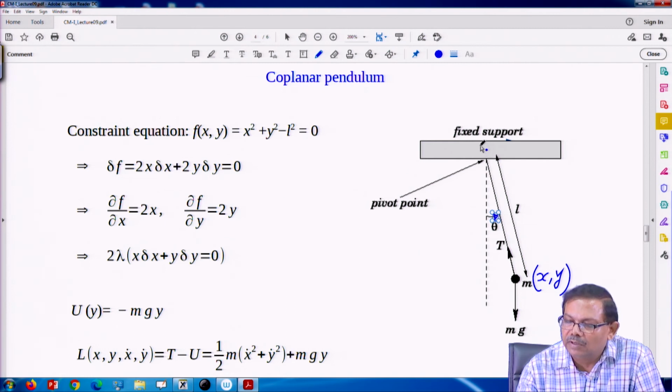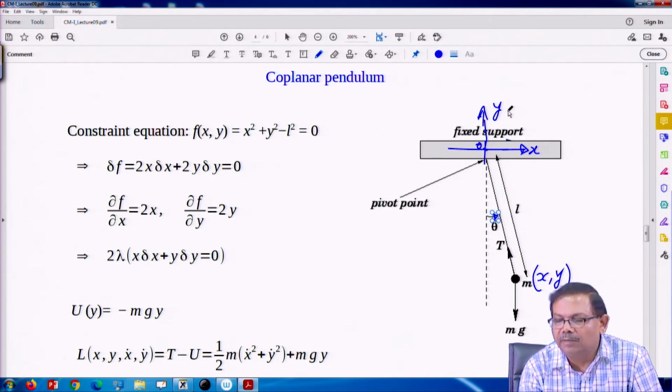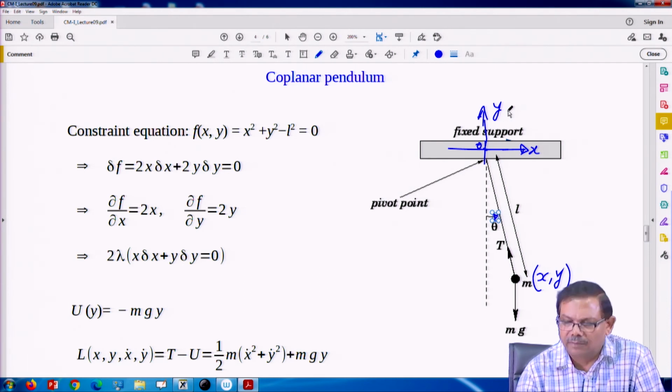I can choose the origin here, this is my x axis and this is my y axis. I can choose the positive direction of y upward or downward, those things do not matter, that is for our convenience.